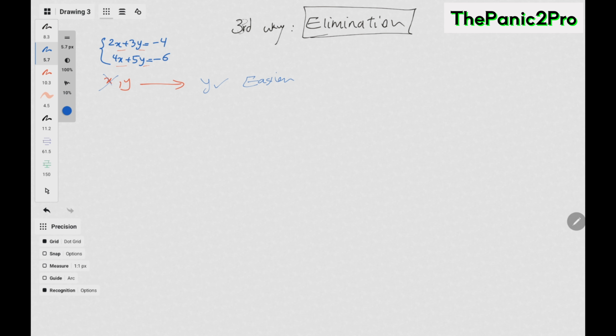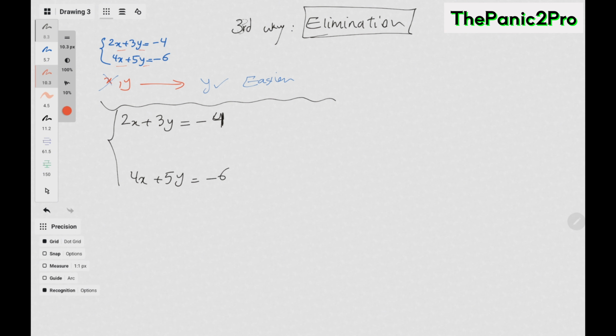What do I mean is, let's get into the real problem and start solving it. On the top equation, I have 2x plus 3y equals minus 4, right? On the bottom equation, I have 4x plus 5y is minus 6, right? Do you think somehow I can change this into this, or I can change this into this?